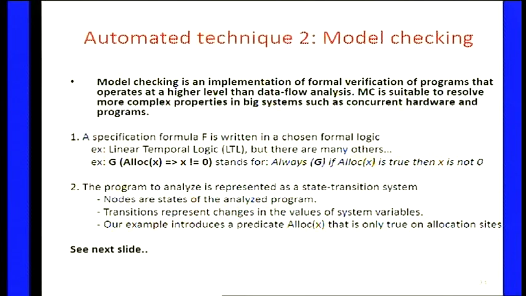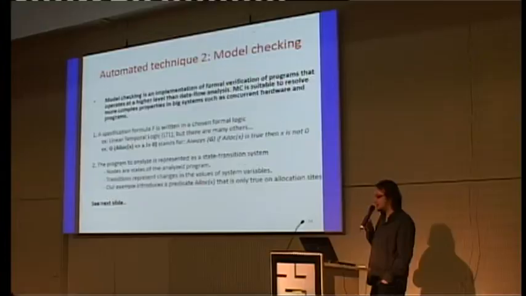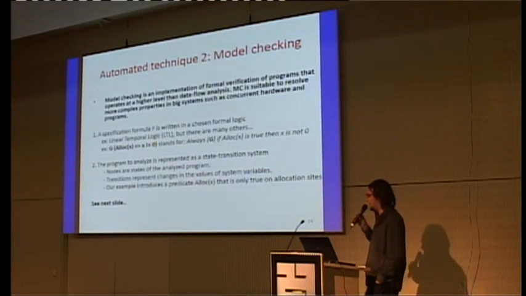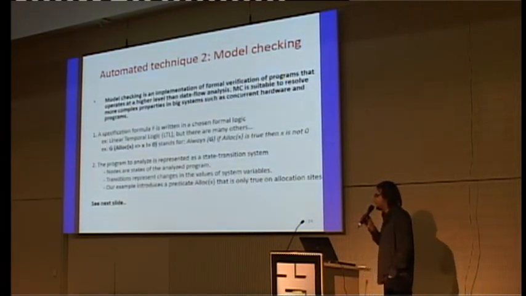In order to specify properties, you have lots of different languages, say LTL, linear temporal logic. Just an example here: G means always. So you say always, when you have the predicate alloc x, which means you call an alloc function, then all the time x should be different than 0.